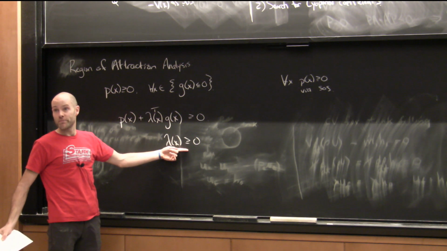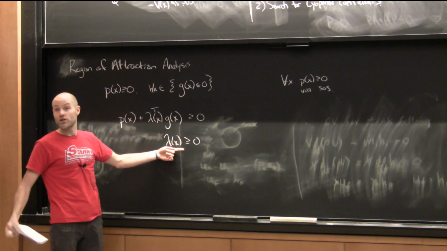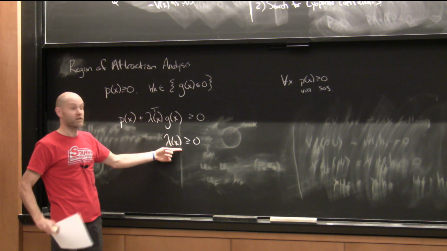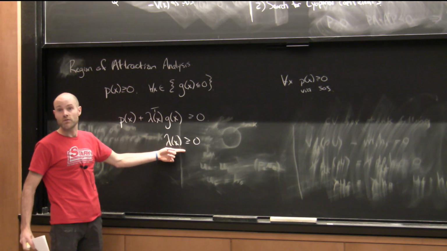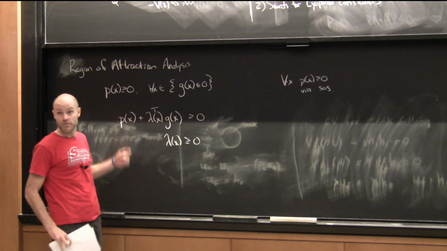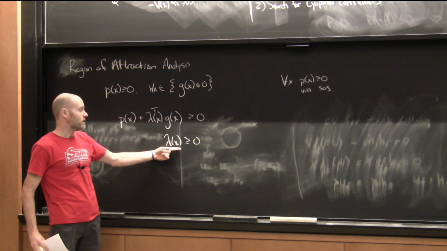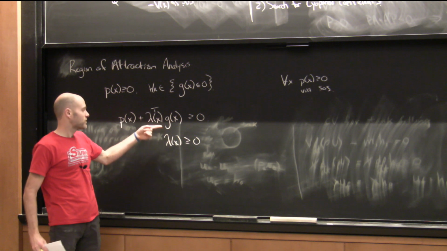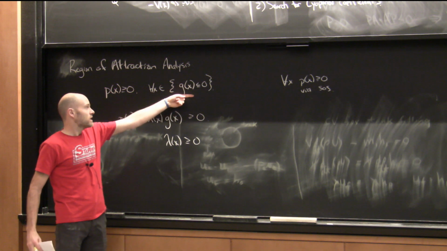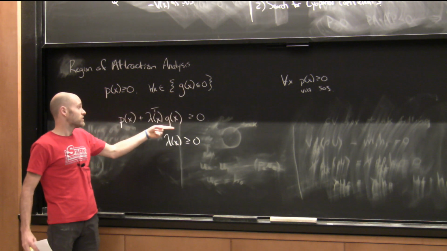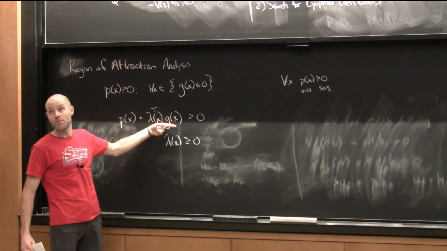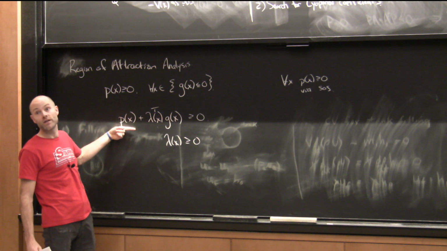Think of it like a Lagrange multiplier, but it's a generalization of Lagrange multipliers because it can be a function of x. Lagrange multipliers typically are a scalar. This one can be a whole polynomial. Right? All of these are going to be polynomials for this. All right. So lambda is always greater than 0. Find me a lambda always greater than 0. Okay. What this means is that whenever g of x is less than 0, this thing can only be hurting me. It can be making it harder for me to prove that p of x is greater than 0.